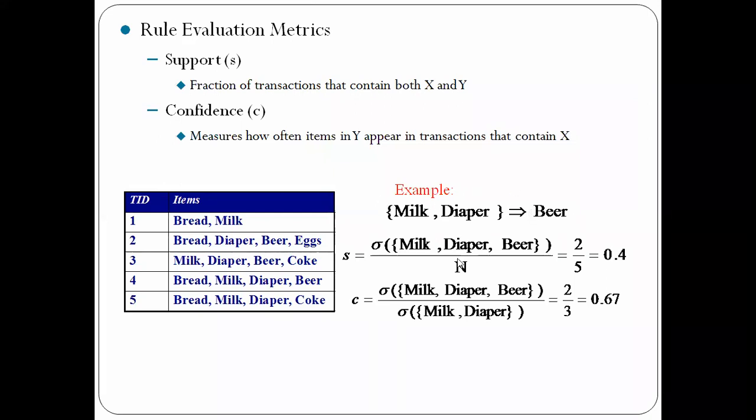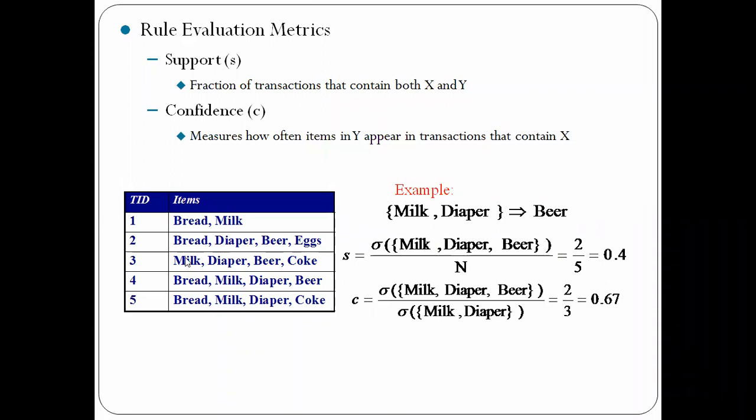So I need to consider the support count of this X union Y, that is milk, diapers, and beer. The support count of milk, diapers, beer is nothing but in how many transactions it appears. If you check here, it is not present in the first transaction, not in the second either. In the third one, milk, diapers, beer is present. It is present in the fourth transaction also. In the fifth, it is not present.